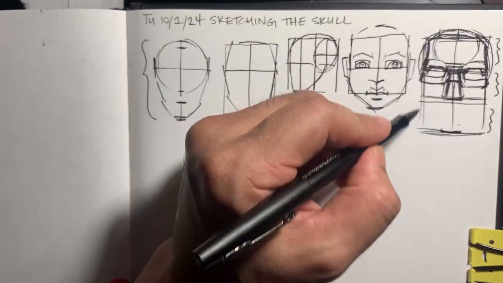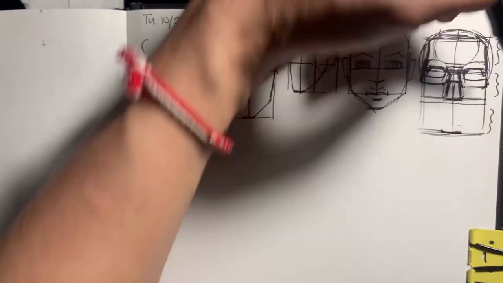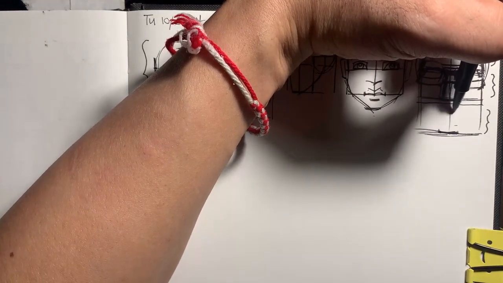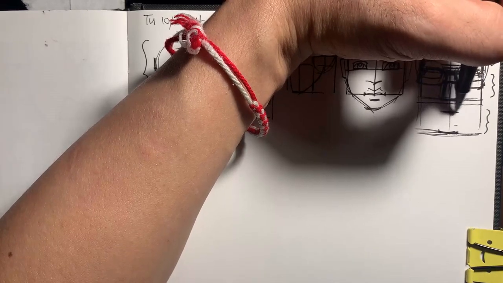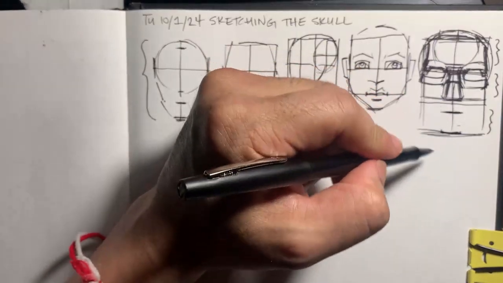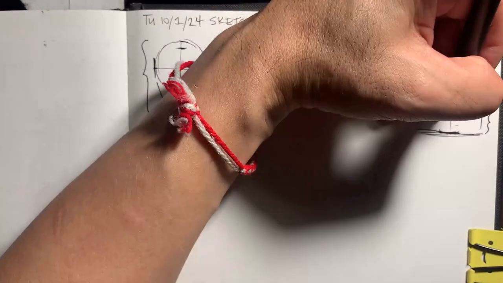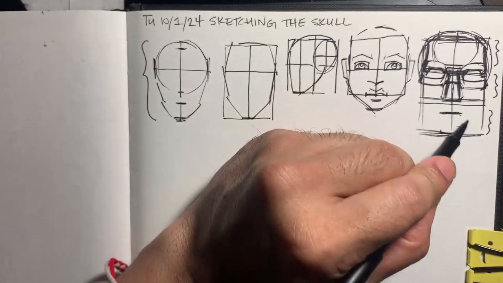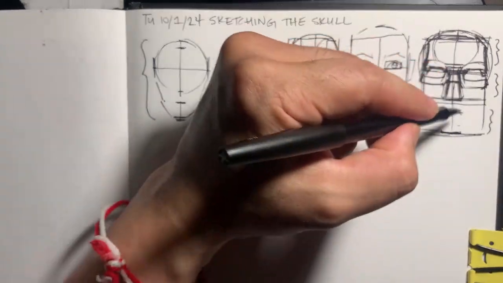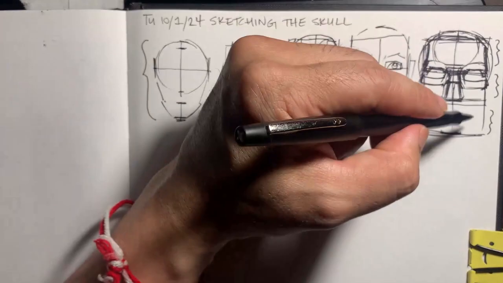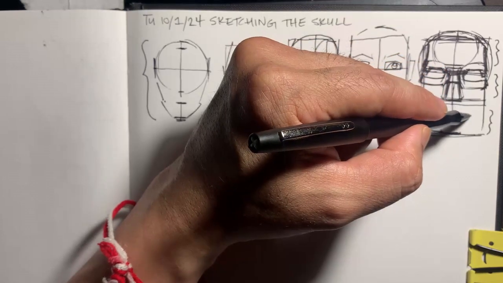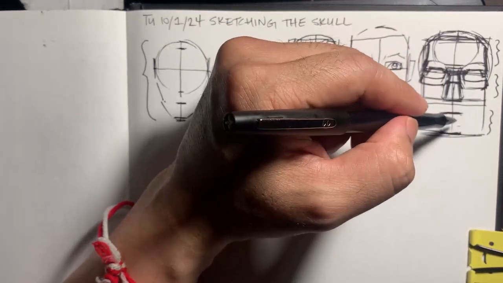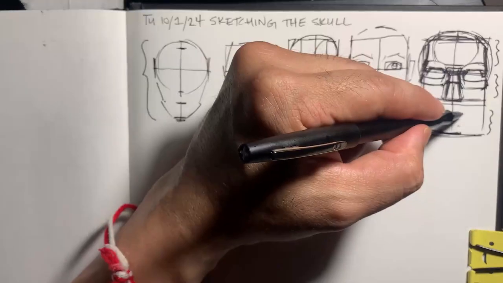Same with where the jawline, we normally would put it, well, let's figure out where the mouth is. So it's about midway or a little bit higher. It might look a little different because of the skull structure. It might look more like in the middle because there's no lips and stuff covering it. Again, we normally would say that the mouth would be kind of lined up with the eye, but there's no eyes.